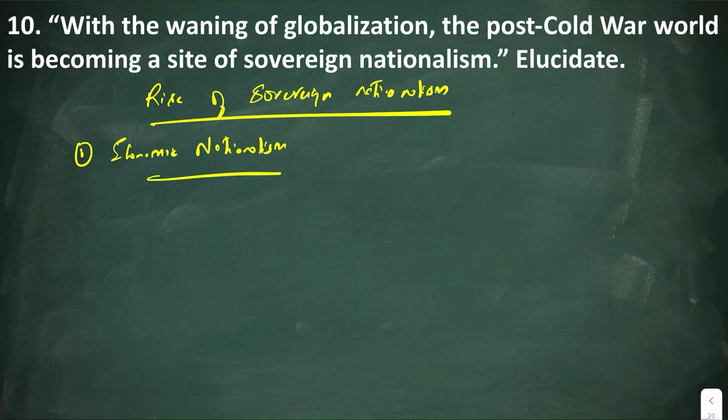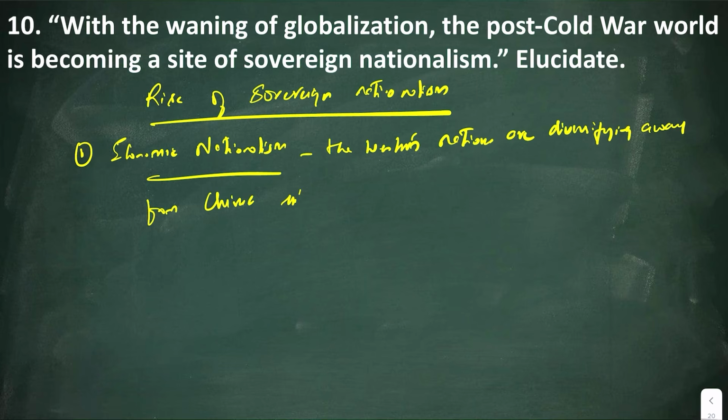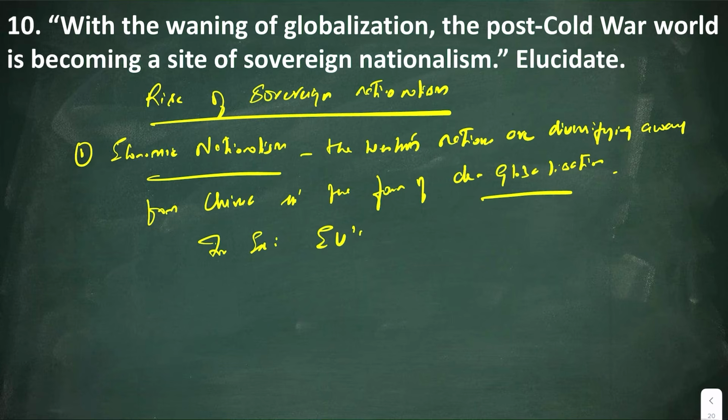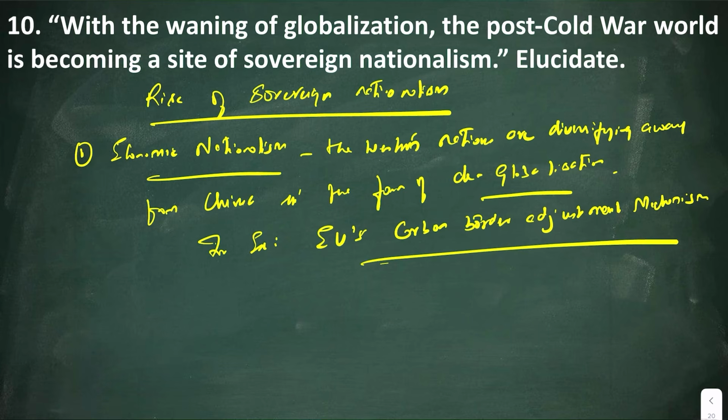So here you can elaborate by saying the Western nations are diversifying away from China in the form of deglobalization. Okay, for example, European Union's carbon border adjustment mechanism. Okay, this is the first one.